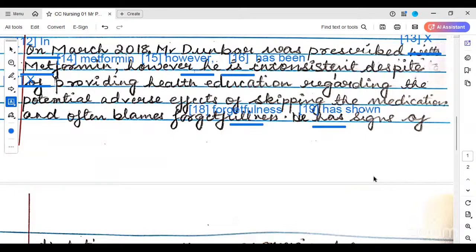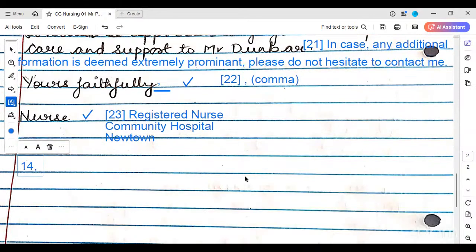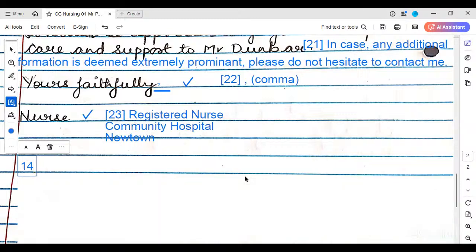So that's all about this letter, and some more points I want to give you. Diabetic neuropathy. You did not mention much about diabetic neuropathy here. So this is the 24th point.